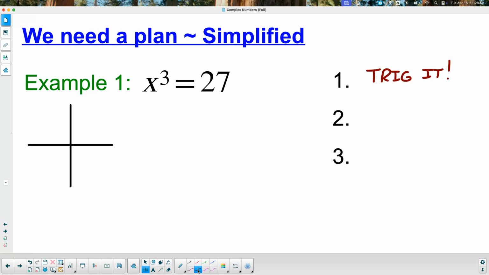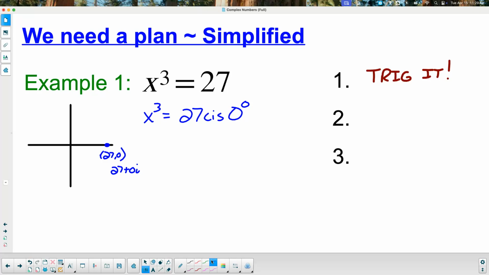You're going to take your number and transform it into trig. So this would become x cubed equals 27 CIS of 0 degrees, because 27 is out here at 27, 0. On the complex plane, 27 plus 0i would be 27. Do we all agree with that? Okay.